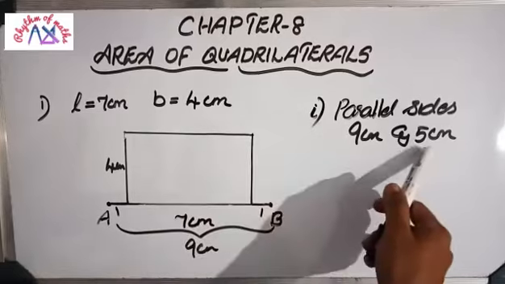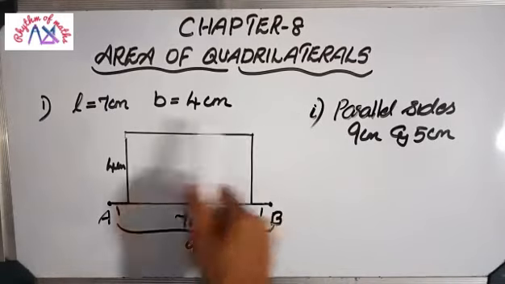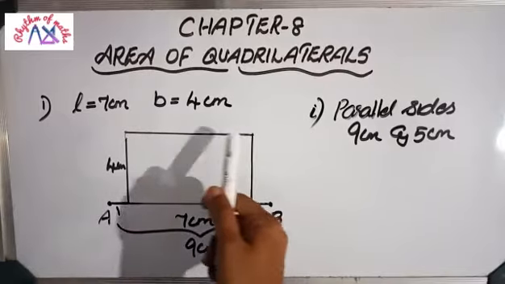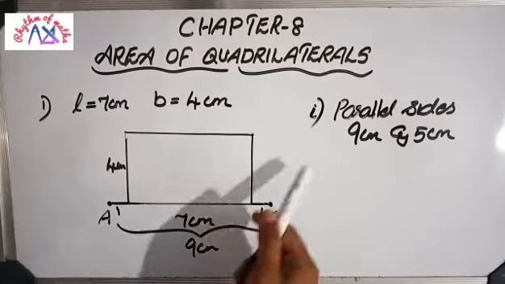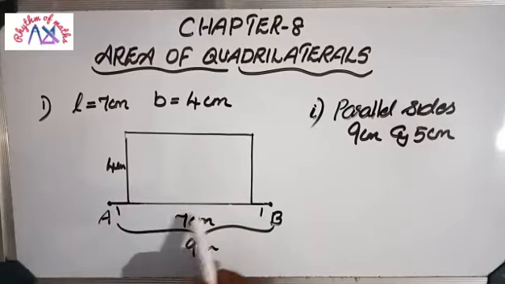Now in the upper part, 7 is there, but we need only 5 centimeters. That means from both ends we have to cut 1 centimeter. No need to extend, we have to cut because we need only 5 centimeters, we don't want 7.